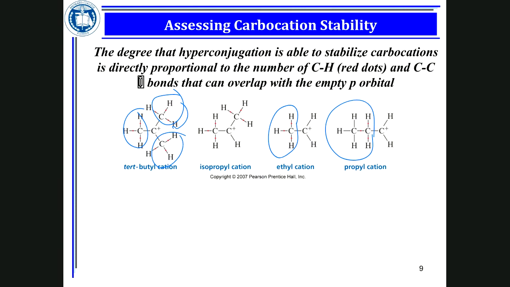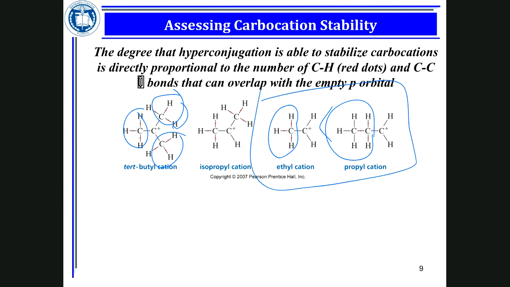The greater the group, the greater the ability to donate electrons via hyperconjugation. So this is a better electron donor, more stable than this, when you are comparing these two.